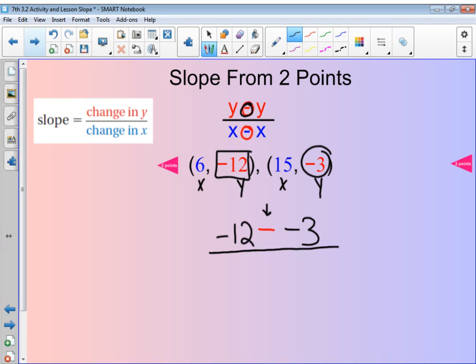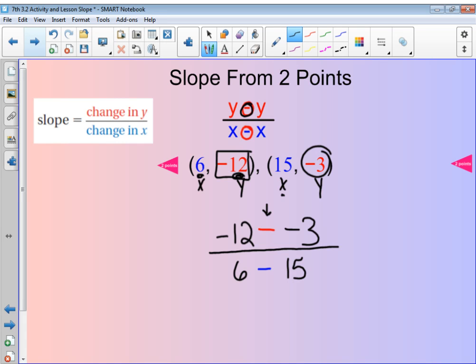Okay, then when I do my x's, since I started with the 12, I have to start with the 6. So 6 minus, and then I've got my 15. Okay, so now I can go through and work this out.